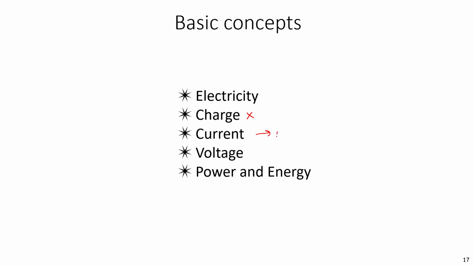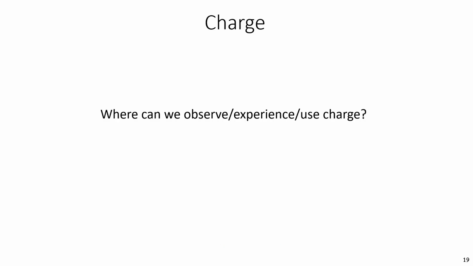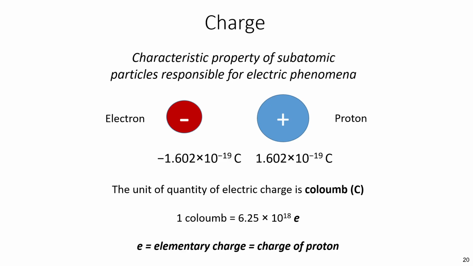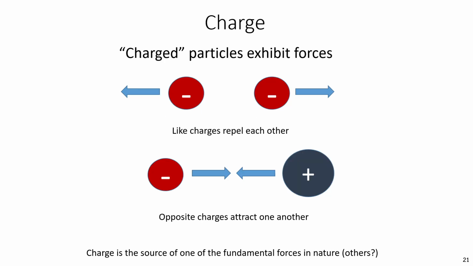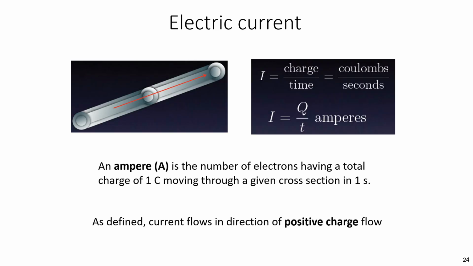Here we use variable I, voltage is V, power and energy is P and E. The phenomenon of electricity is the move of the charge, as we have already learned here. We can observe, experience the charge. Yeah, this is usually in physics. But in this course, I will focus on the current.